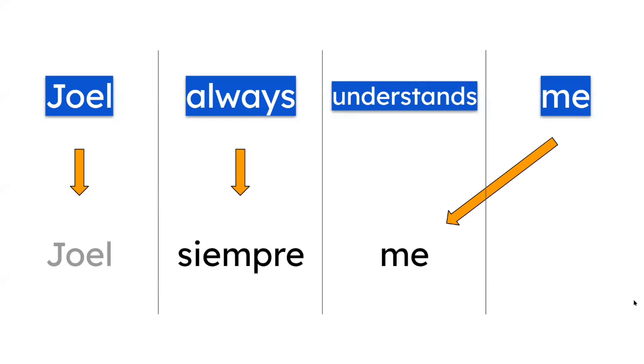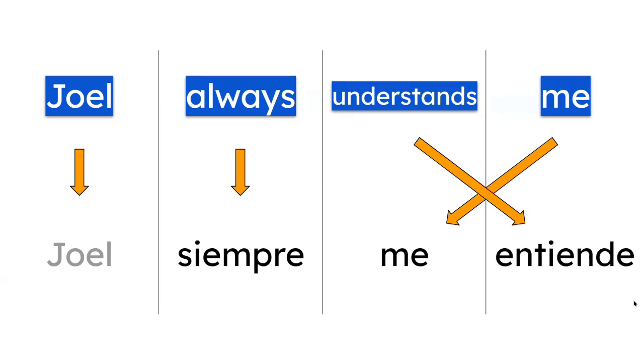And be careful with the pronunciation since it's not like English where you say me, but me. Me. That's right. And finally, we conjugate the verb understand, which is entender. And by the way, this is an irregular verb, and it's conjugated as entiende. So, the whole sentence is Joel siempre me entiende.